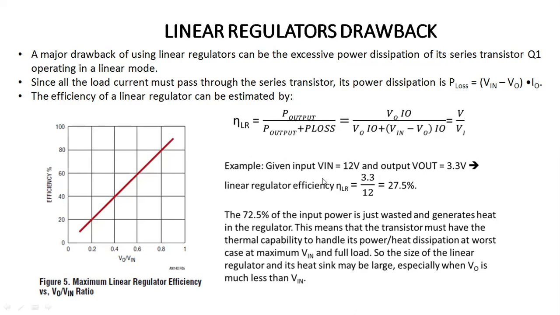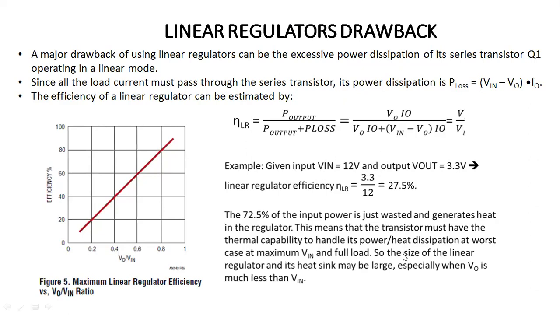If we have an example where input voltage and output voltage are given, we can calculate efficiency as output voltage upon input voltage, 3.3 upon 12 volt, that is nothing but 27.5%. As a larger amount of power is dissipated in the form of heat, there will be a requirement of a heat sink. So these are some disadvantages of the linear voltage regulator.